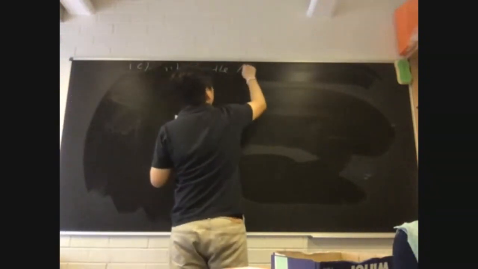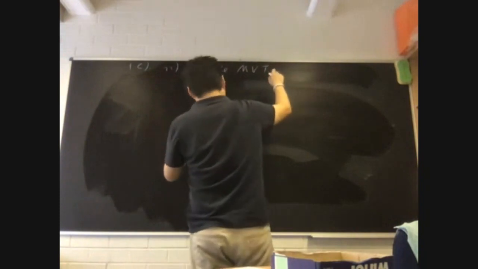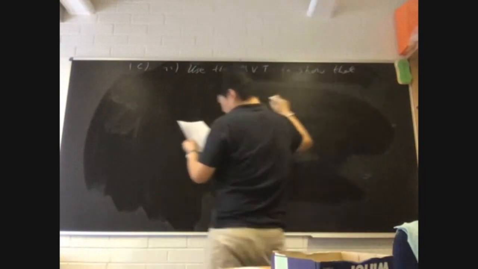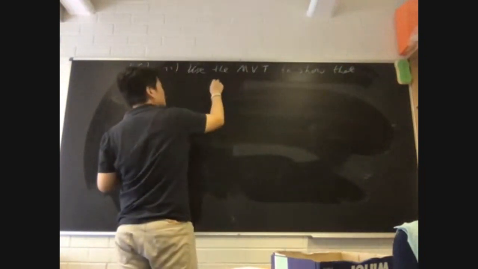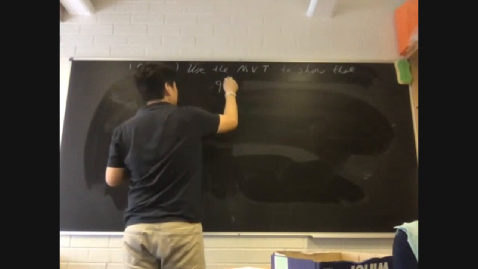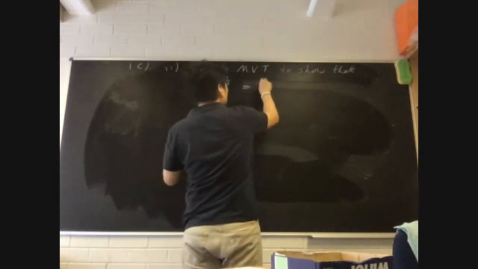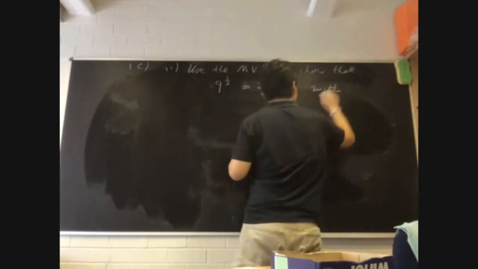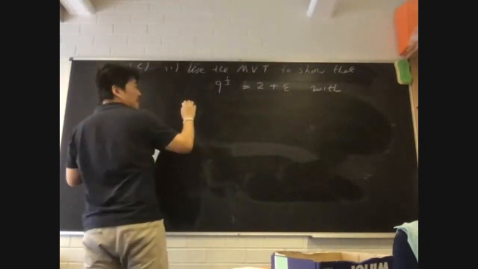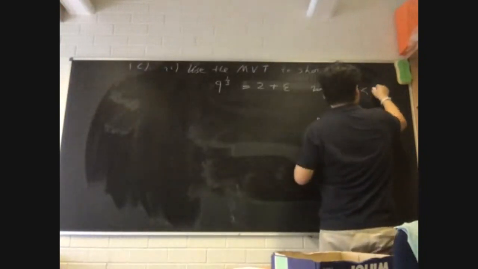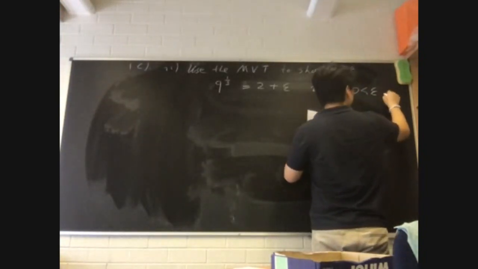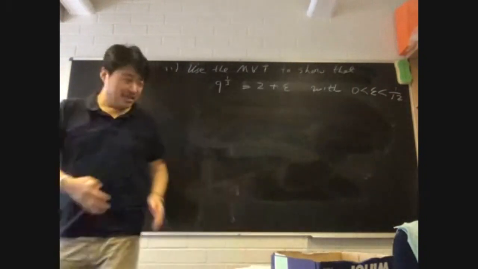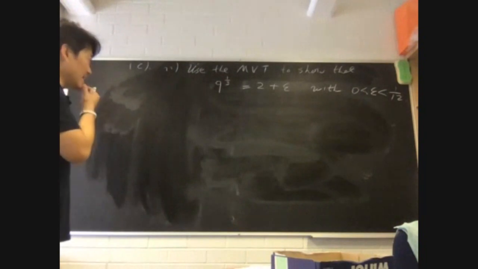Use the mean-value theorem to show that the cube root of 9, that is 9 to the 1/3 power, is 2 plus epsilon for some epsilon with 0 less than epsilon less than 1/4.